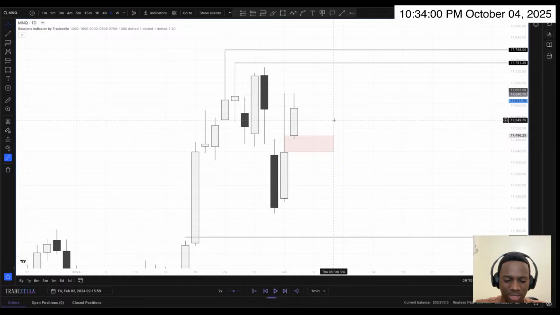How did I fix it on my TradingView? Let me check the daily, how I fixed it on TradingView.